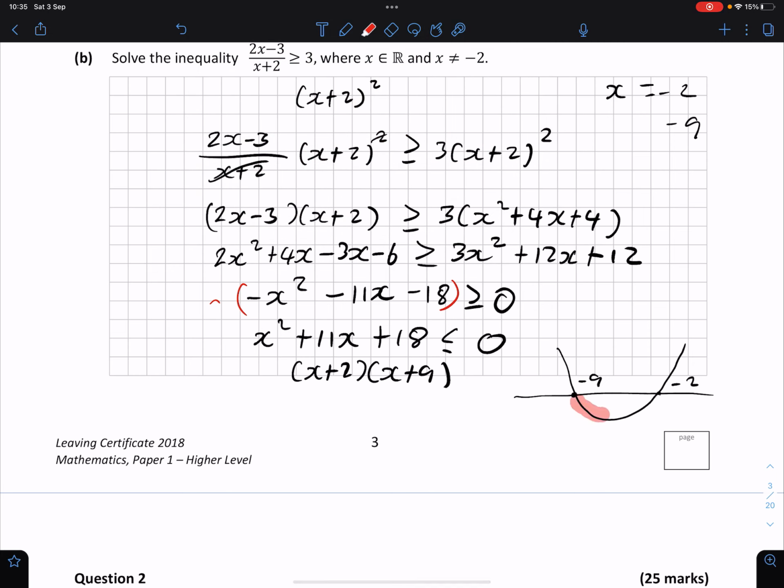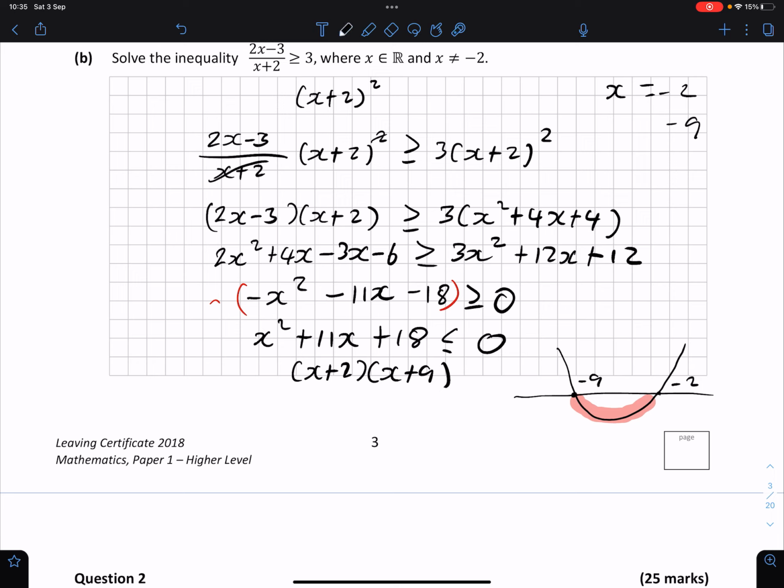So now we need to find a range of values for x that, if we sub in here, will give us an answer of less than or equal to 0. The range of values will involve minus 9 and minus 2.